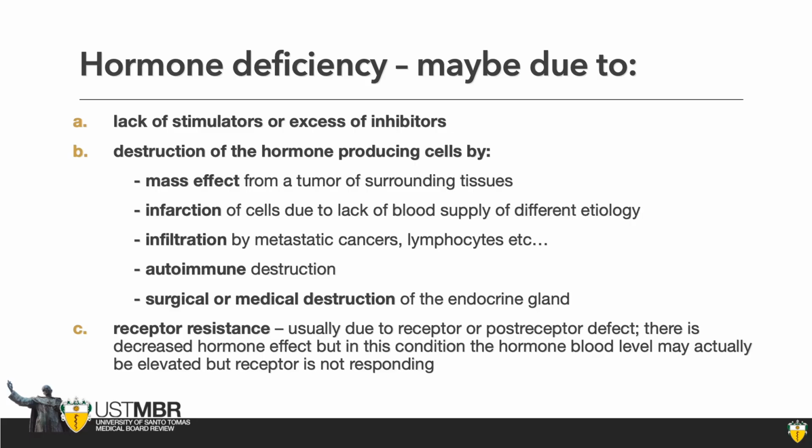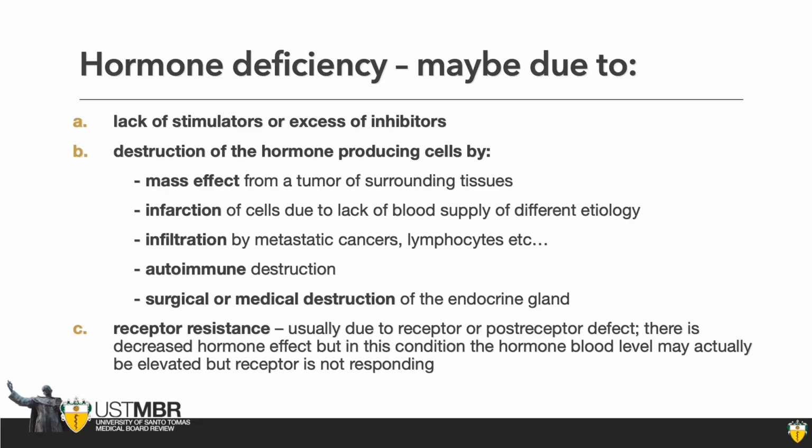For example, mass effects. If the endocrine gland is compressed, there's going to be a malfunction. Infarction, for example, in Sheehan's, there's going to be destruction of the pituitary. Infiltration of the thyroid gland by lymphocytes, for example, in Hashimoto's thyroiditis, can cause malfunction of the thyroid cells.